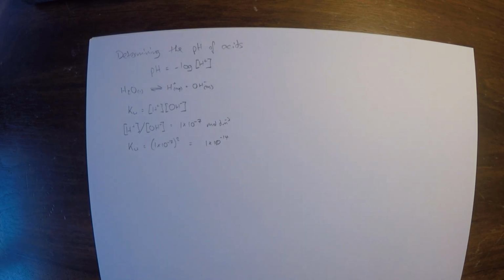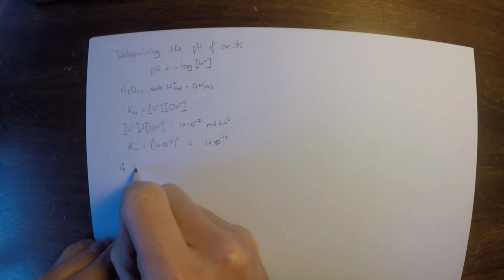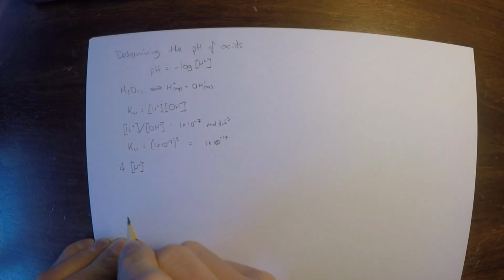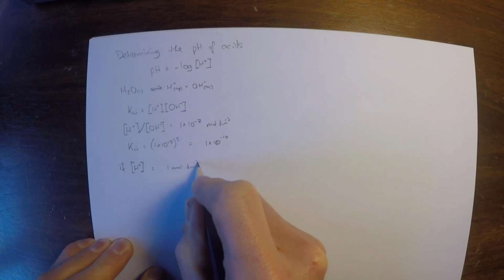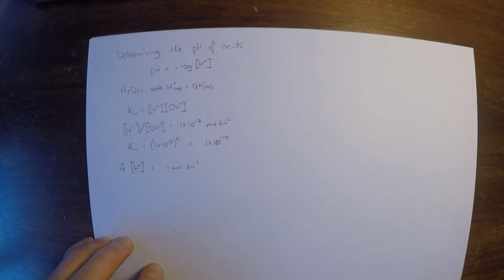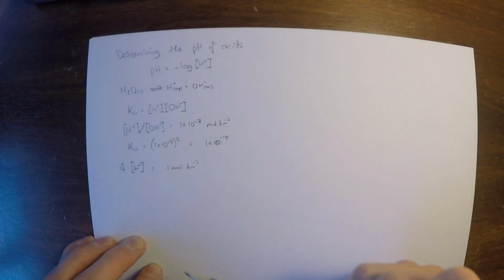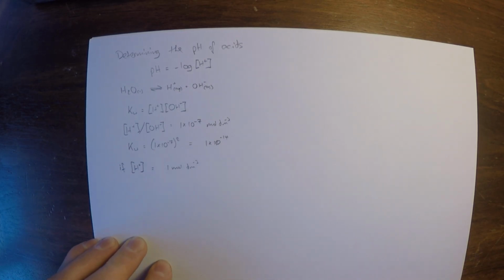And this essentially gives us the foundation for the pH scale and the reason why the pH scale goes up to 14. Because if we have a concentration of H plus ions of 1 mole per decimeter cubed in an acid, if we take our equation above, the minus log of 1 is 0.